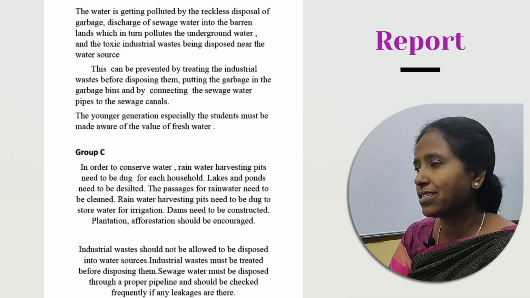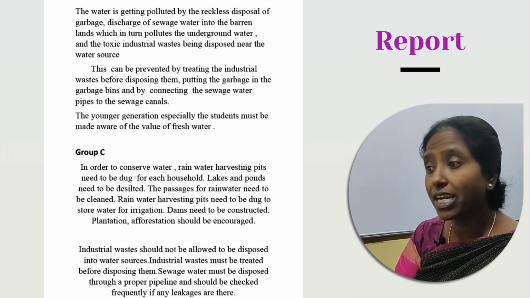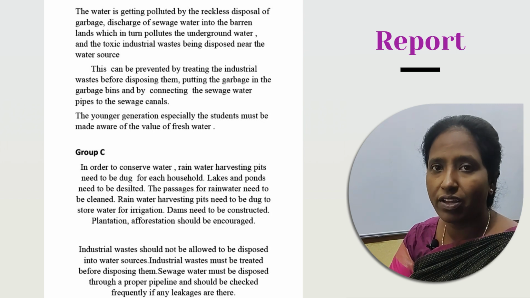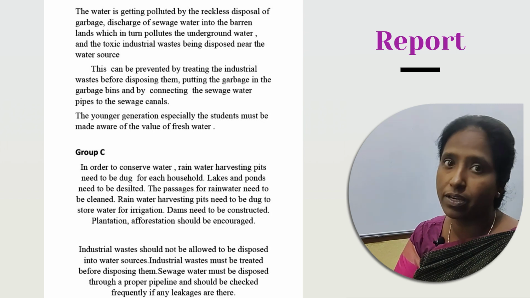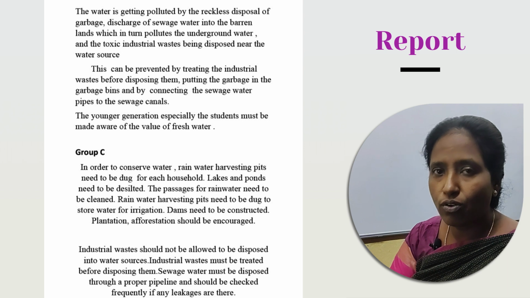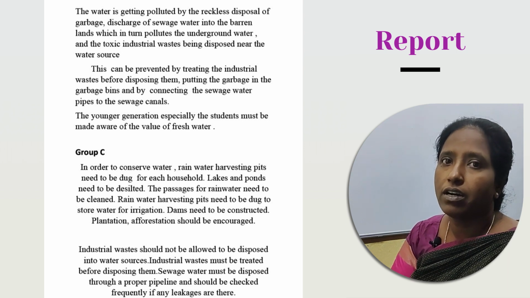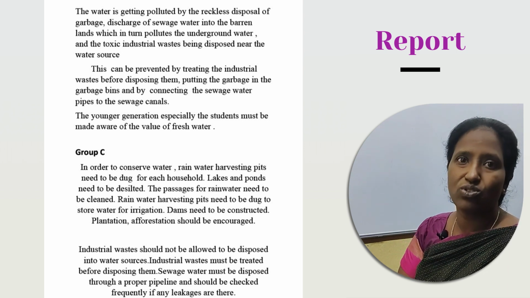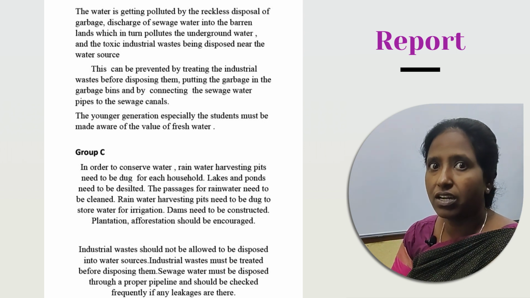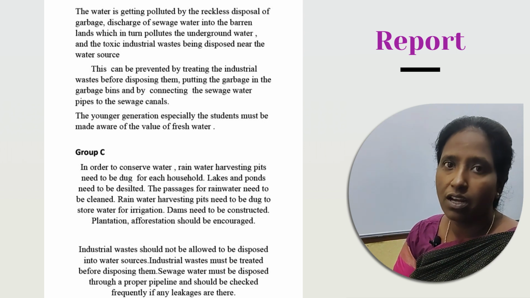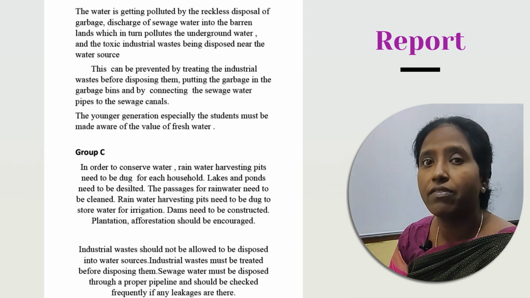The passage of rainwater needs to be cleaned. You know where the flow of water will be. The flow of water should not be stopped. If it is stopped, it will get into other sources, which is not good for saving water.